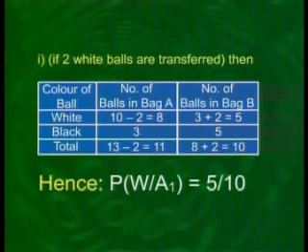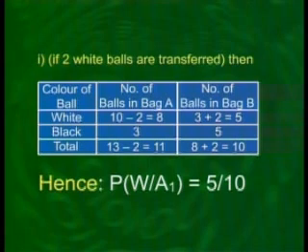Under this situation, the probability that a white ball is drawn out of the second bag is given by 5/10 because there are 5 white balls in the bag at this time.